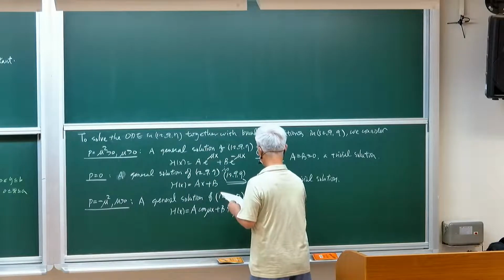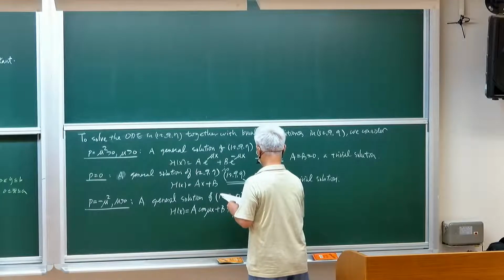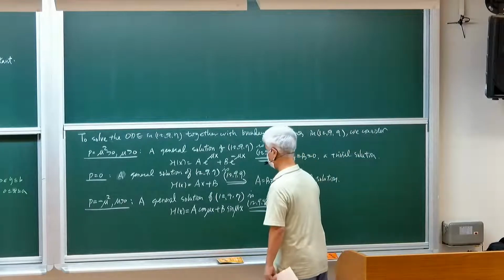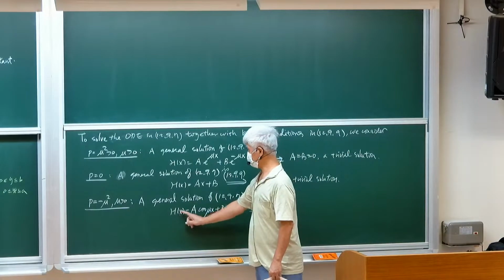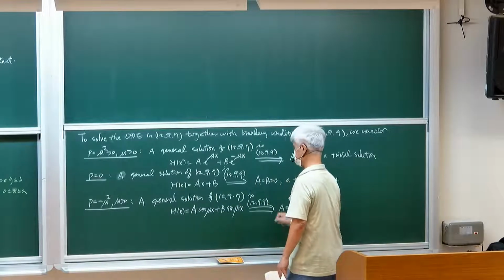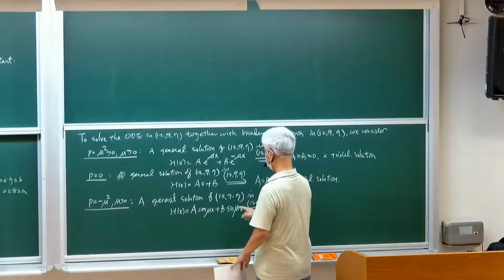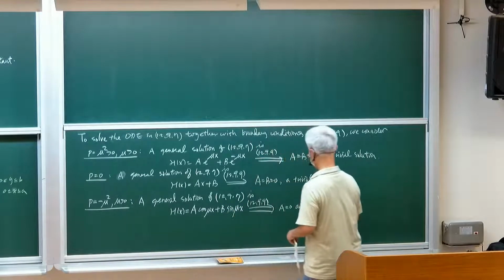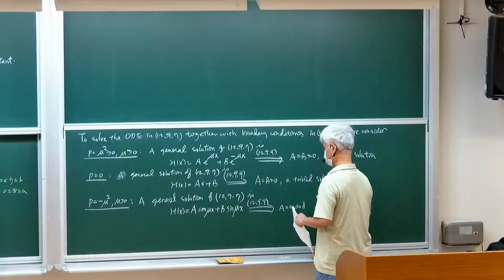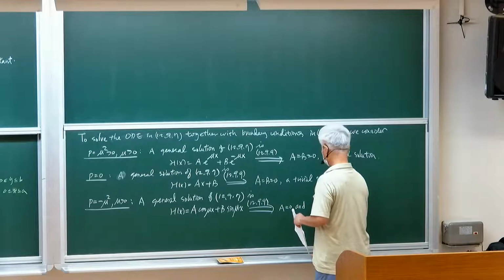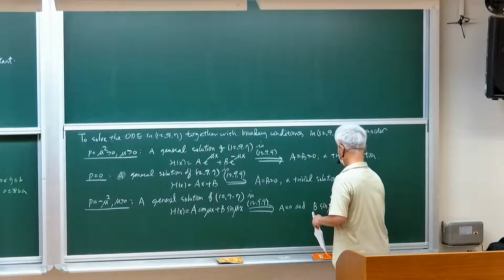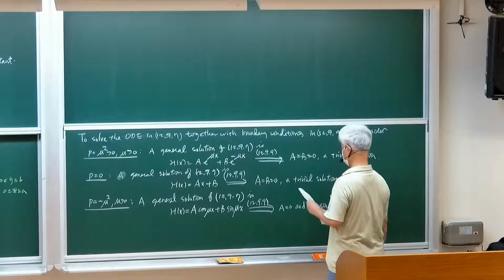With the boundary conditions, h(0) gives us A equal to 0, and then B sine mu a equal to 0.